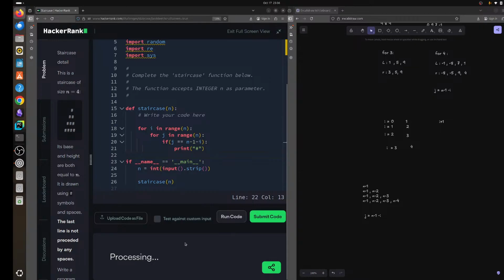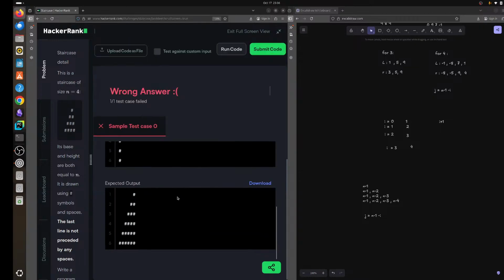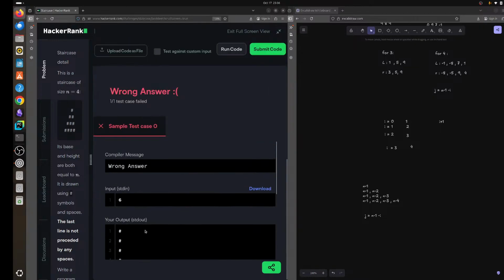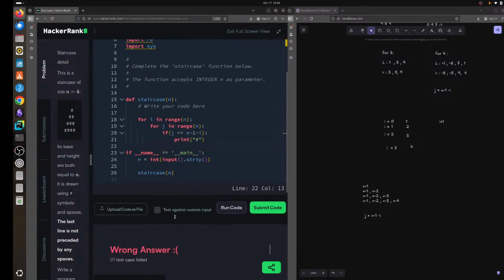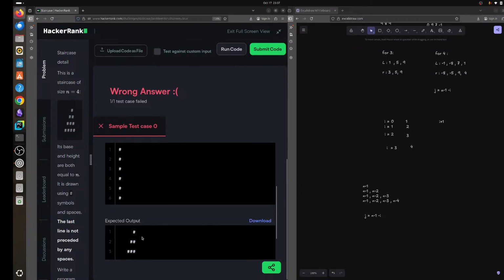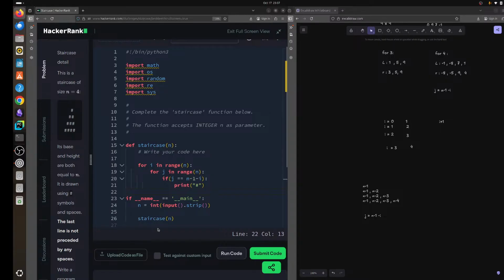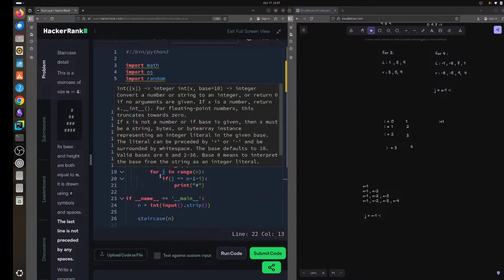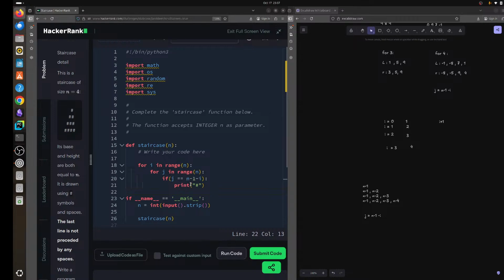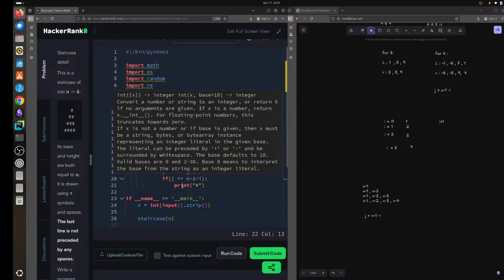I think there is some issue with the space. It is printing one space, obviously, but the second one is printing two spaces, right? Why is it not printing the second one? When j equals 1, this condition will not be valid.